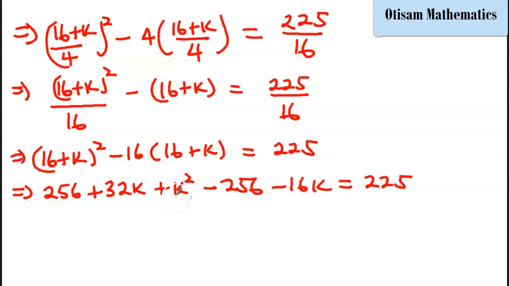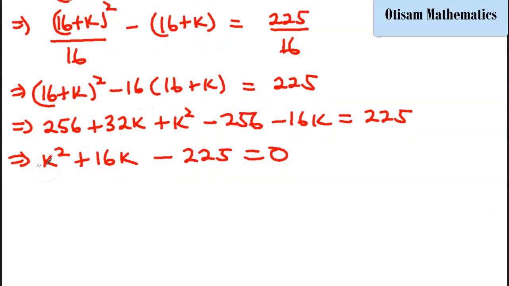So 256 minus 256 will go. So you have k squared. So 32k minus 16k is giving us plus 16k, and then bringing this 225 over, minus 225 is equal to 0.